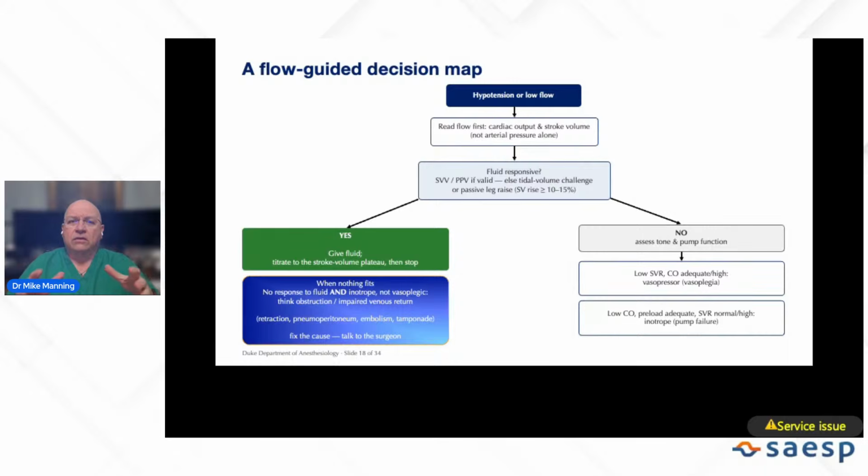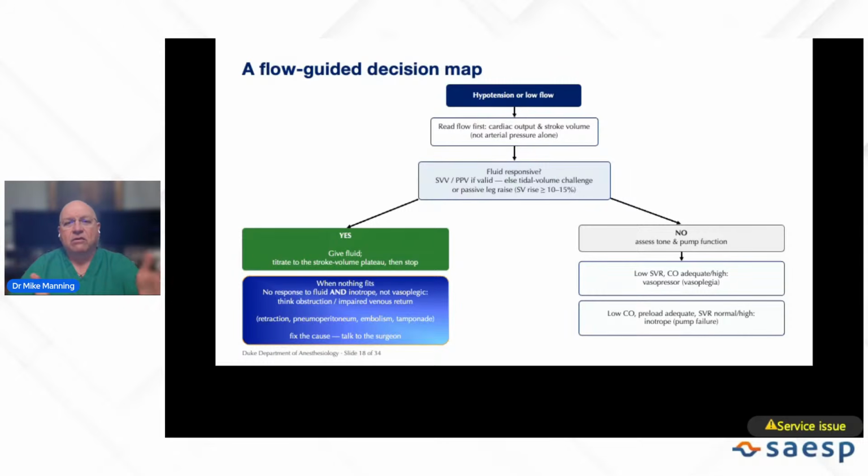So I tend to build out a flow-guided decision map where we're looking at hypotension or a low flow state, and I'll read off the data that I get, and I look specifically at systemic vascular resistance and stroke volume, and I'll look at those numbers and then determine if stroke volume variation is changing, is it not changing?